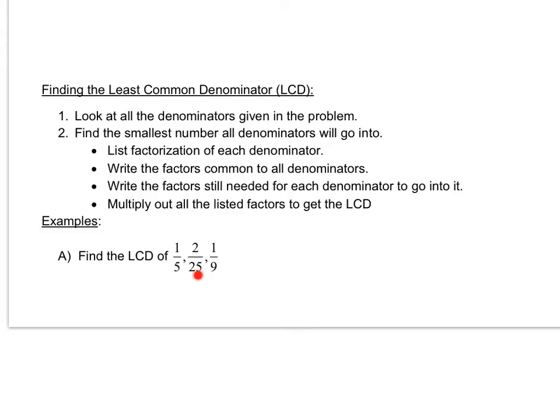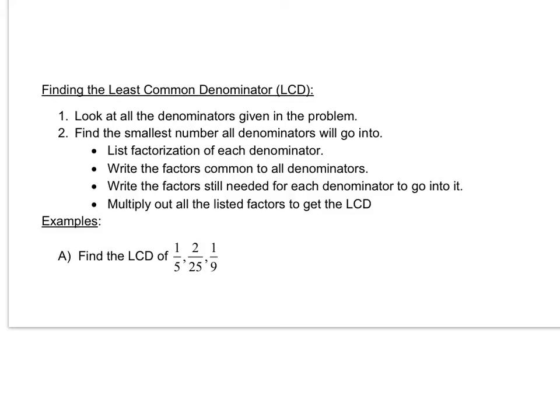25 times 2 is 50. Can I multiply 9 and have it equal 50? No. 25 times 3 is 75. Can I multiply 9 and have it equal 75? No. 100. Can I multiply 9 and have it equal 100? No. 125? Nope. 150?